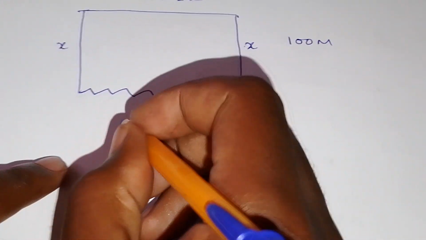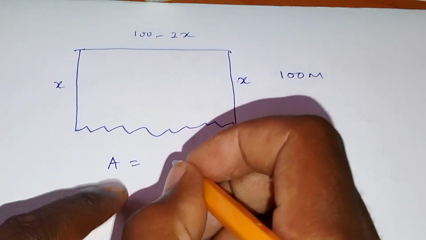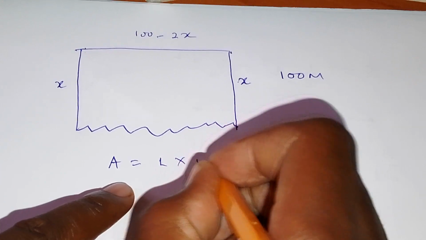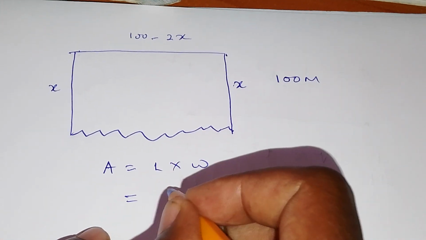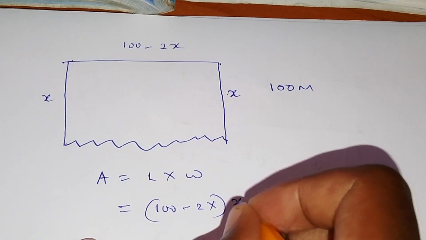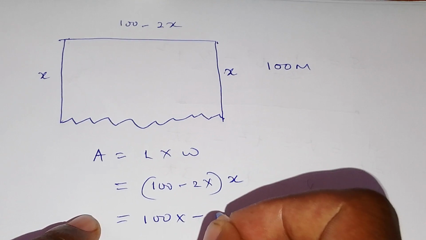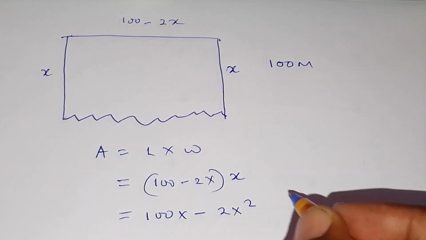So we have to express this in terms of the area of a rectangle. Area is length times width. So length is 100 minus 2x and width is x. If you multiply, you have 100x minus 2x squared.